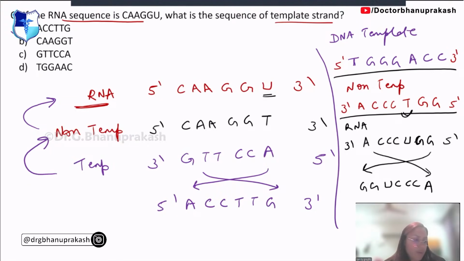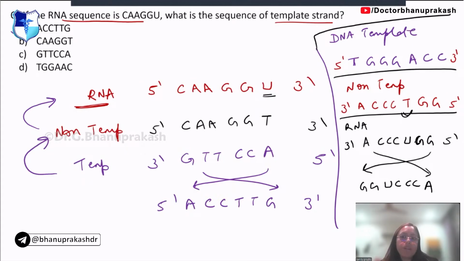The main point here is whether the student is taking care of direction or not, right? Okay, then I gave you one more question in which the DNA template is given. Let's say the DNA template is T, triple G, A, double C. So left is 5 dash and right is 3 dash. Non-template will be complementary to the template strand. So left is 3 dash and just write all the complementary sequences.